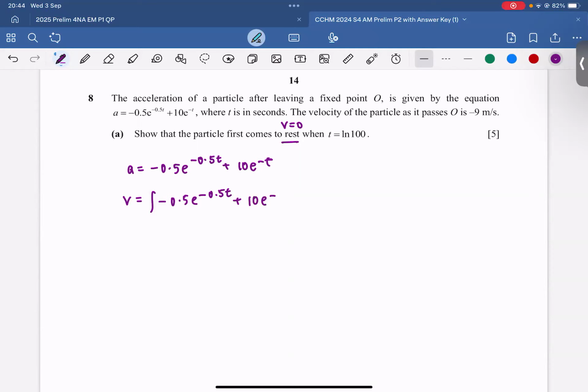So how to integrate e? Just divide by the differentiated power. Remember to write down the plus C. Simplify this.